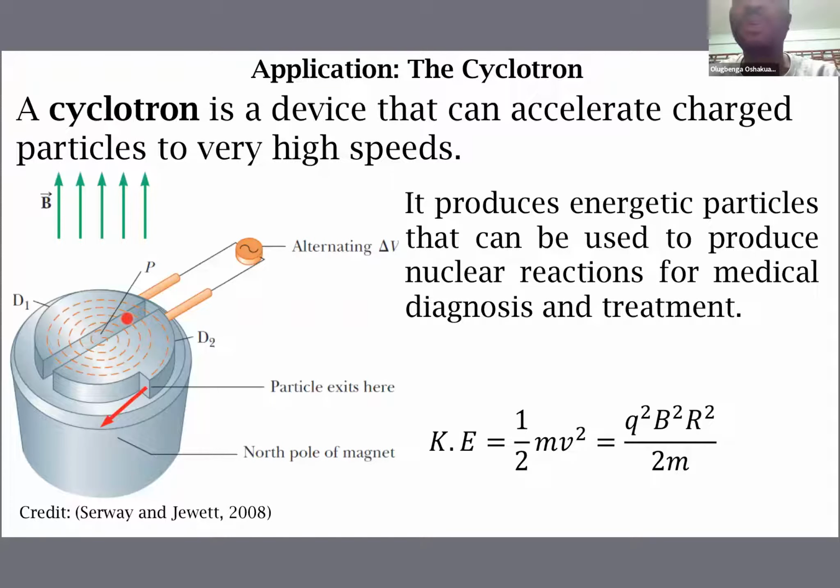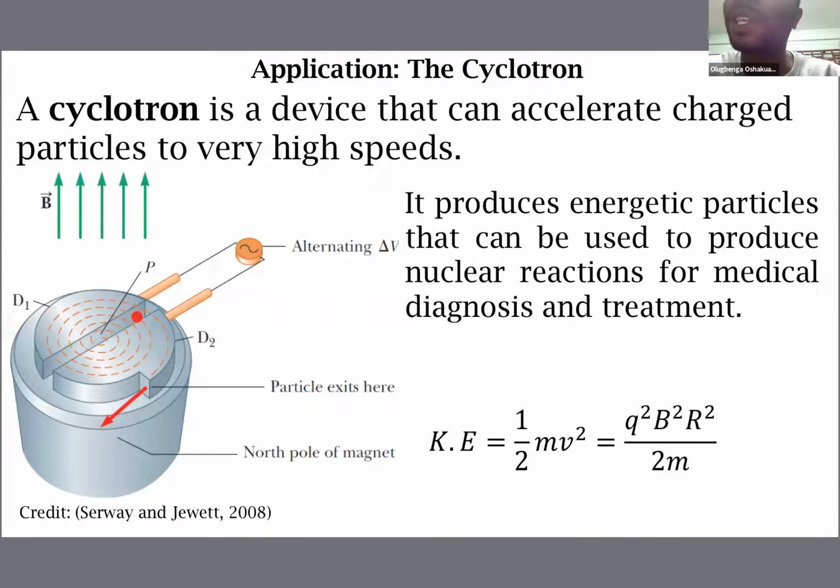The potential difference changes, I mean the sign, the polarity. Yes, I want to use the term polarity. The polarity changes. So when it leaves D1, before it enters D2, the polarity would have changed to make it accelerate further. When it's leaving D2, the polarity would have changed before it enters D1, so it further accelerates.